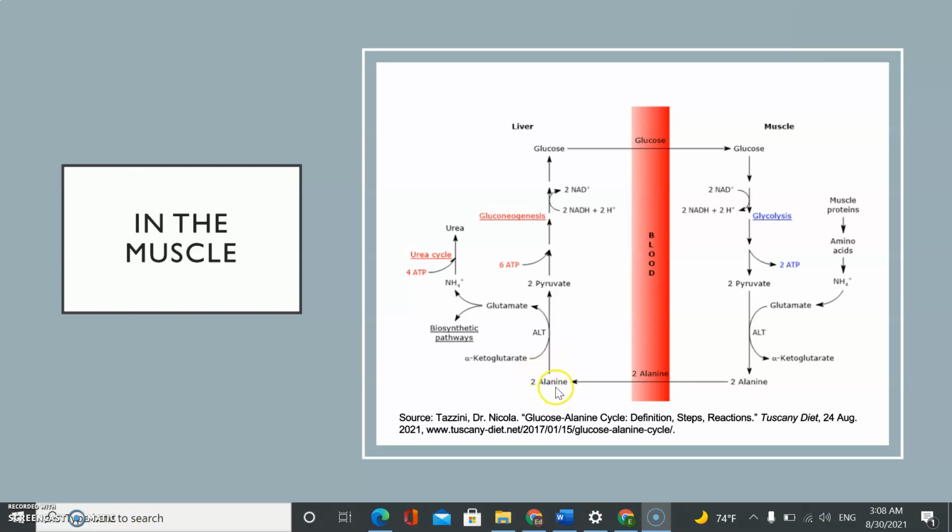In the liver, alanine undergoes transamination with ketoglutarate using alanine transferase as the enzyme to produce glutamate and pyruvate. Glutamate is deaminated by glutamate dehydrogenase to form ammonia and alpha ketoglutarate.